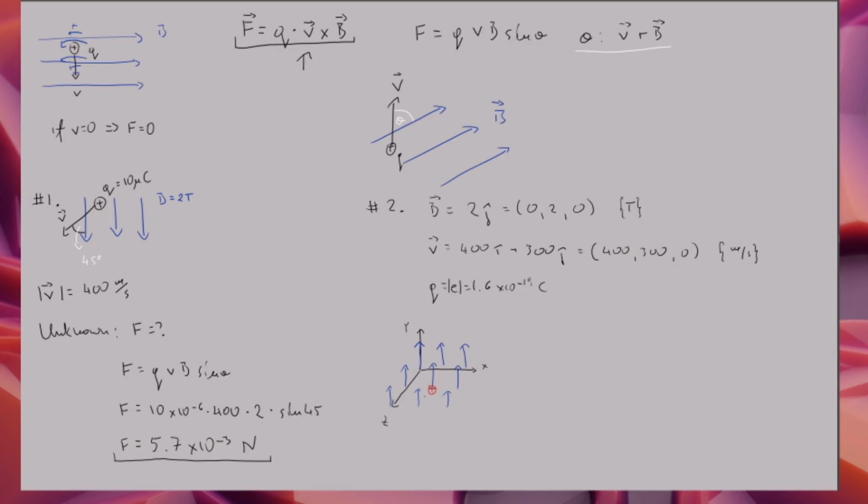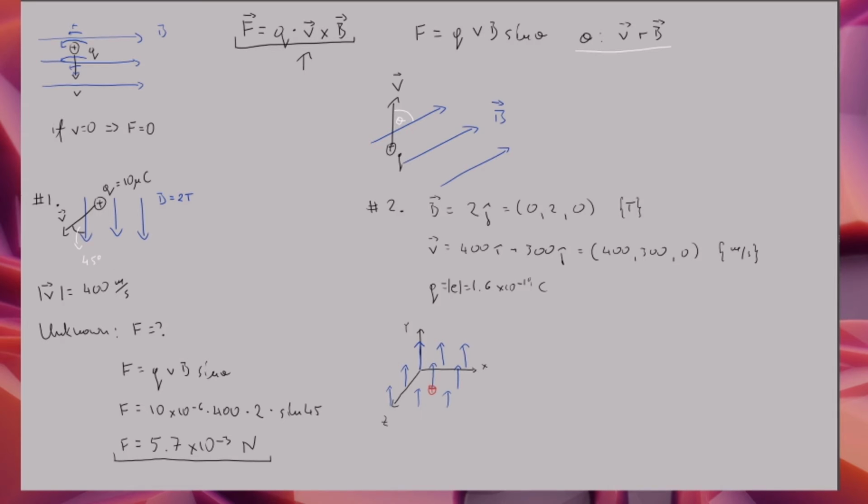And this thing is moving at the velocity that is 400 meters in the x direction, 300 meters in the y direction. You know what? Why don't we change this thing? And why don't we make this thing k instead? That will make my picture a little clearer.